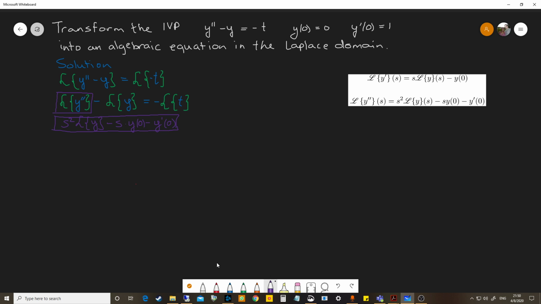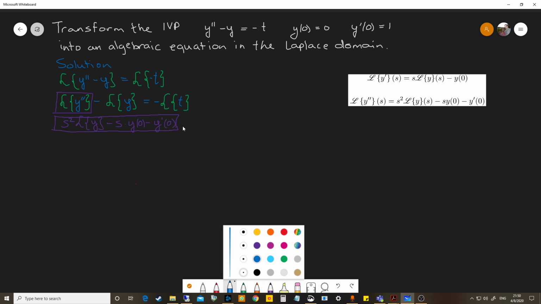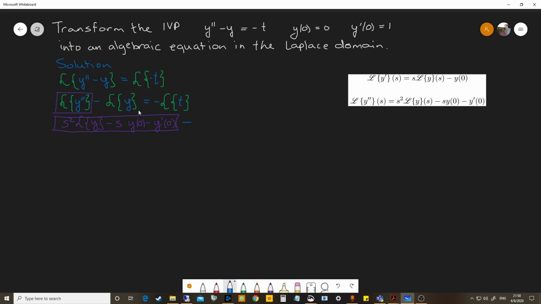And then we subtract the Laplace transform of y. For ease of notation, I'm going to denote the Laplace transform of y by a capital Y of s. So subtracting the Laplace transform in our new notation, that's capital Y of s. And then that is equal to negative the Laplace transform of t.